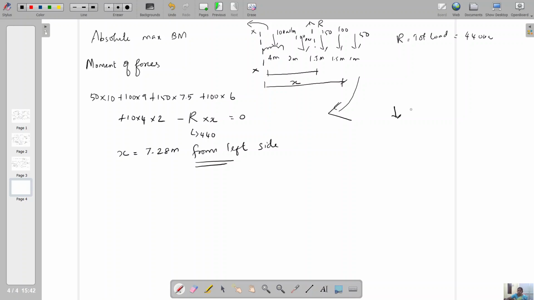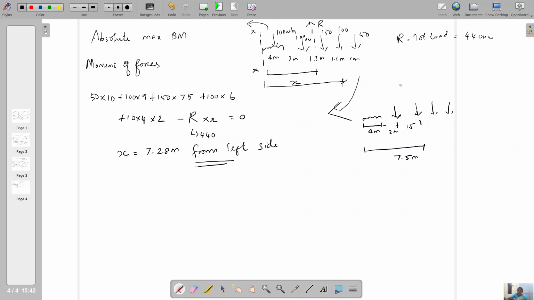Now you judge where the resultant will be placed. So this is 4 meter. Here it is 2 meter. So it passes 6 meter distance. If you add 1.5 here, it will exceed 7.28, because it is totally 7.5 meter from this left side.